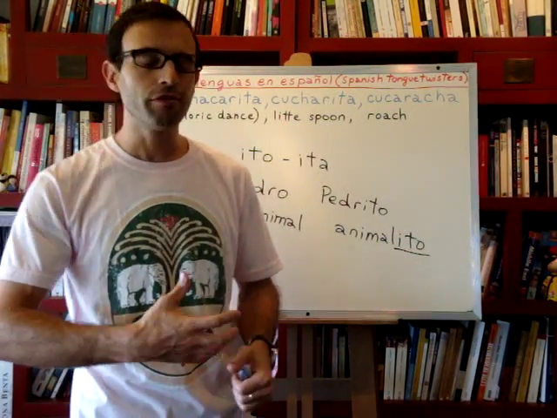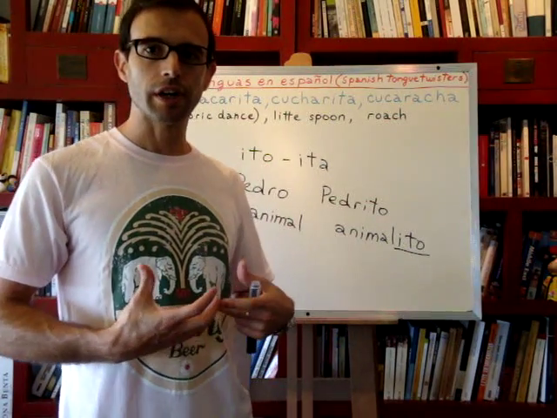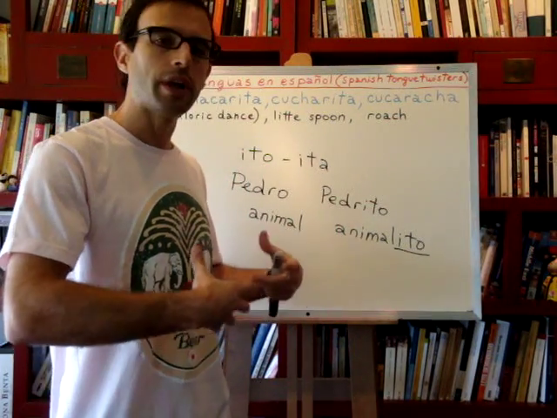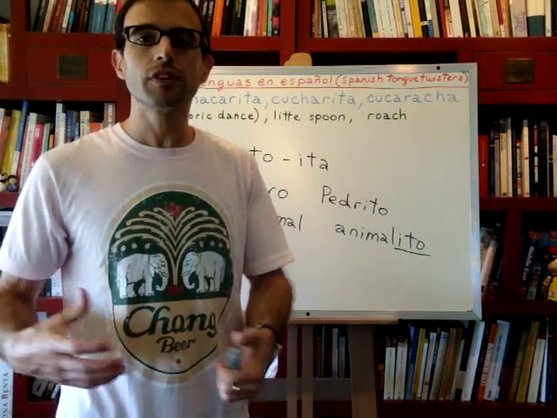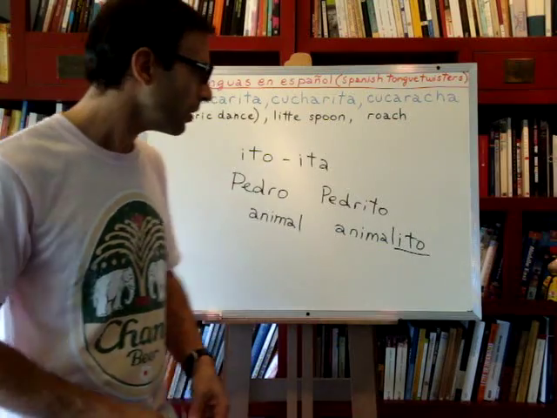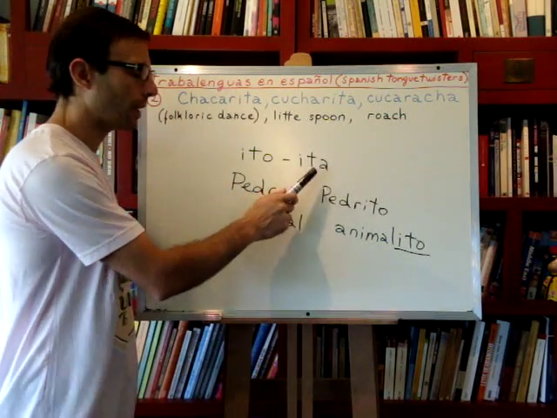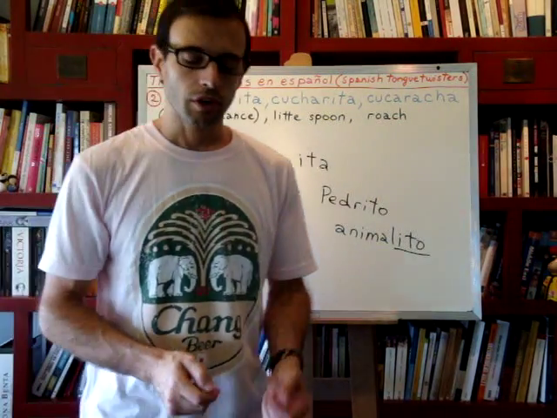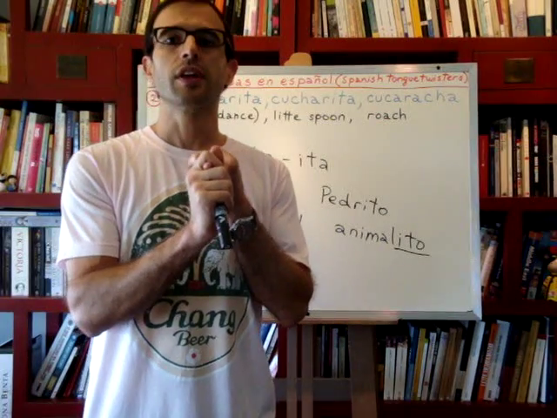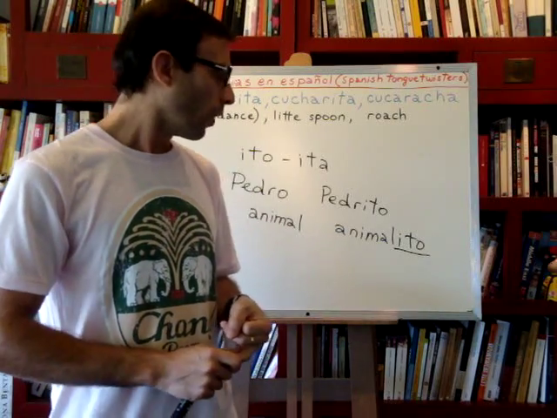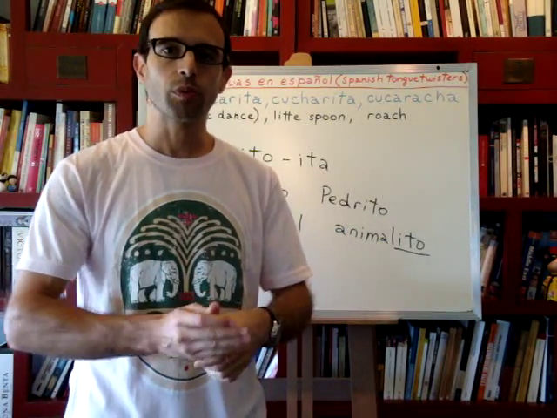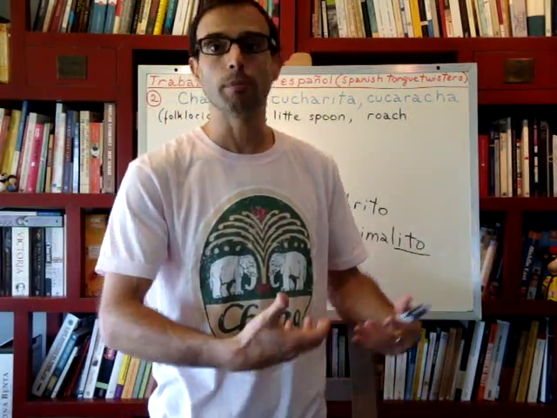But also, if I'm very fond of it, or if I'm speaking with great love of this animal, I can also call it animalito, even if it's not really small, you know? So remember, diminutives in Spanish, we use them for stressing that they are small or little, or also when we want to stress that we are fond of something or somebody, right?